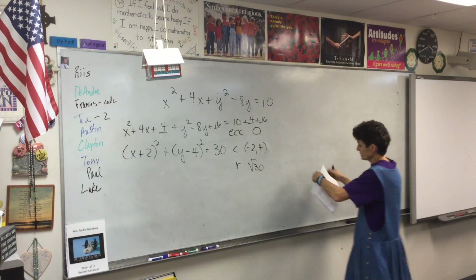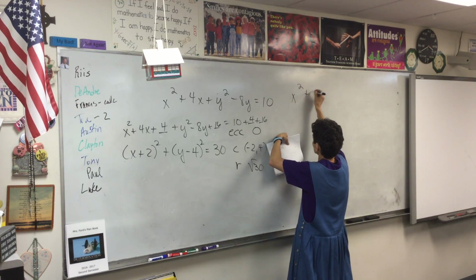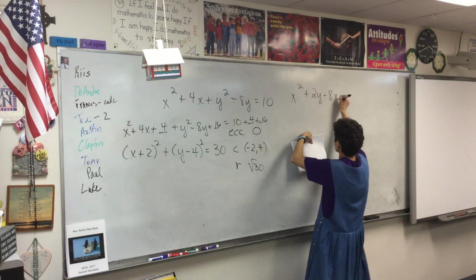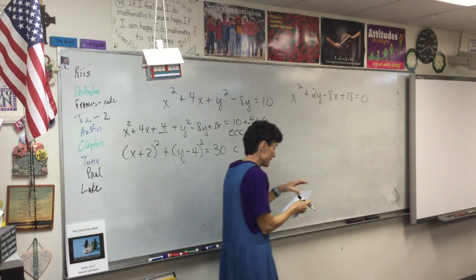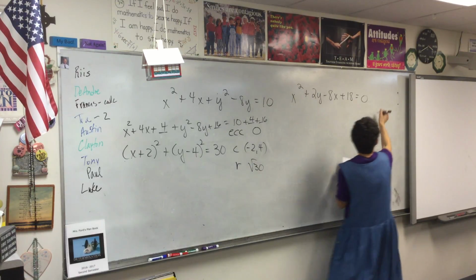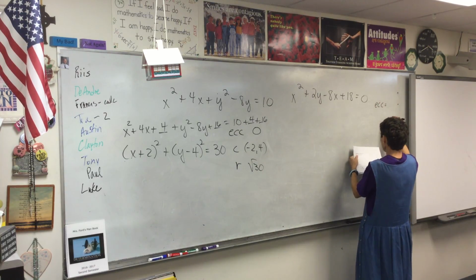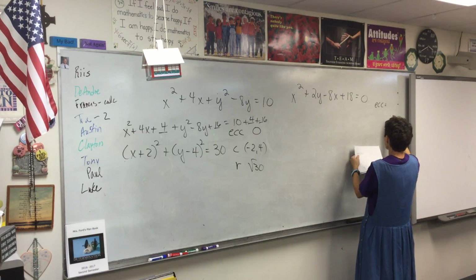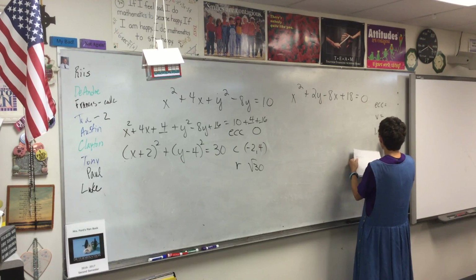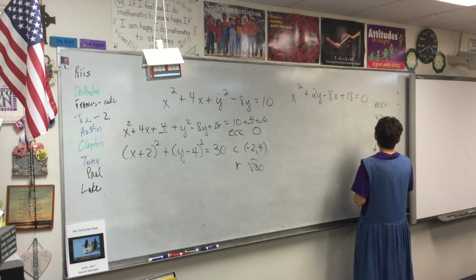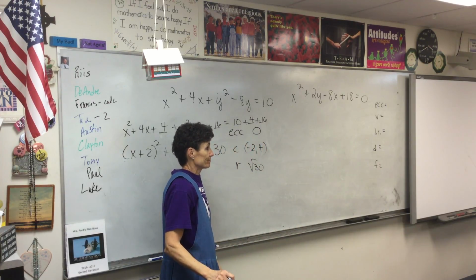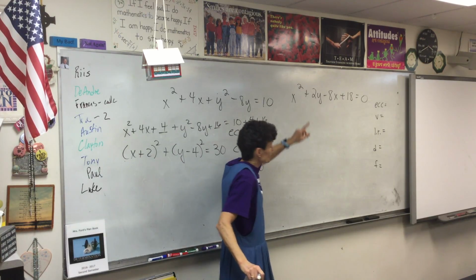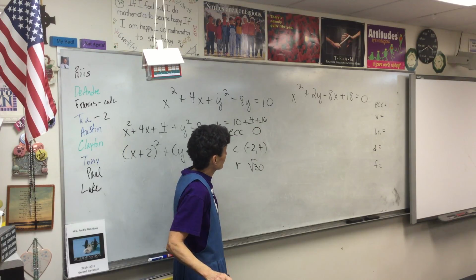Okay, so what is 4C? Even without looking at what I'd asked for, which is eccentricity, vertices or vertex, endpoints of the latus rectum, directrix, and focus, you ought to be able to look at your equation and tell me it's a parabola.